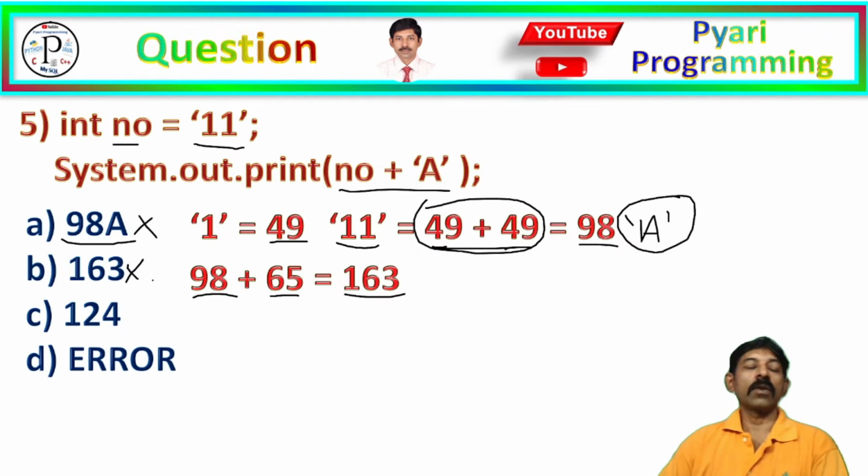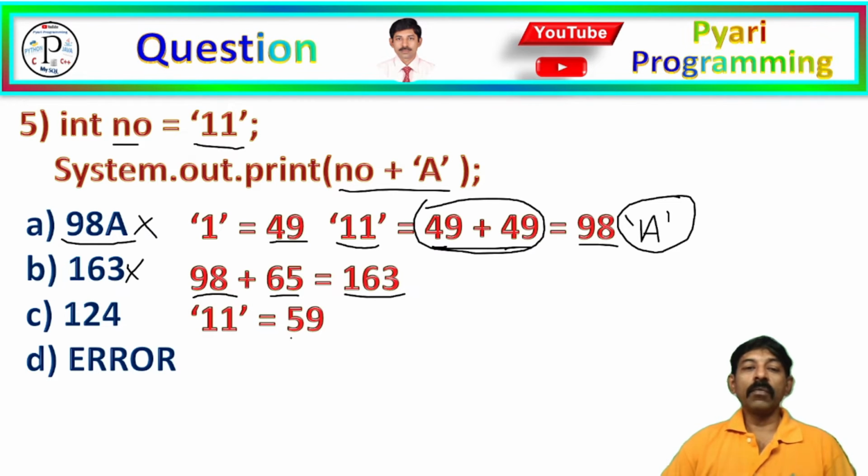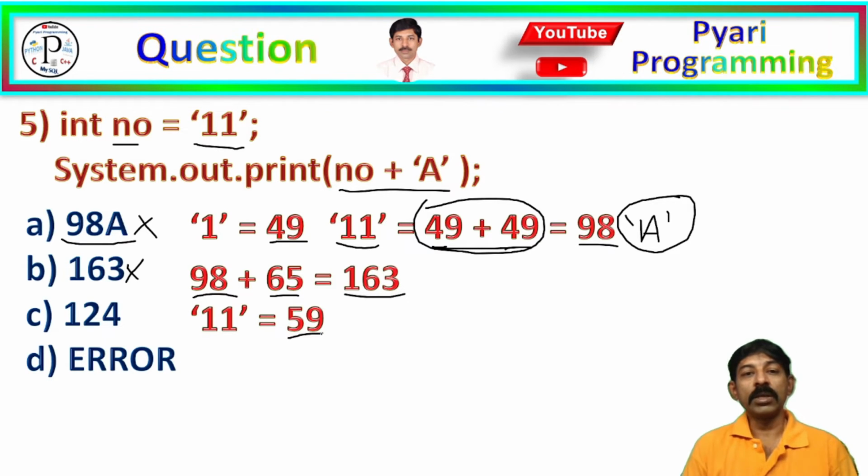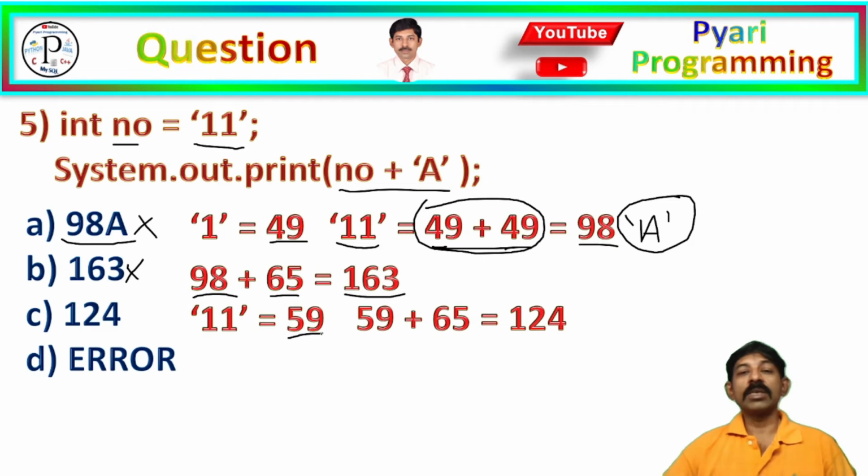Now let's consider 11. If 1 is your 49, then what will be your 11 ASCII value? It is 59. For example, 1 is 49, 2 is 50, 3 is 51. Like this, 11 will be your 59. Now 59 is going to be added with 65. We got 124. Here we have the option called 124.